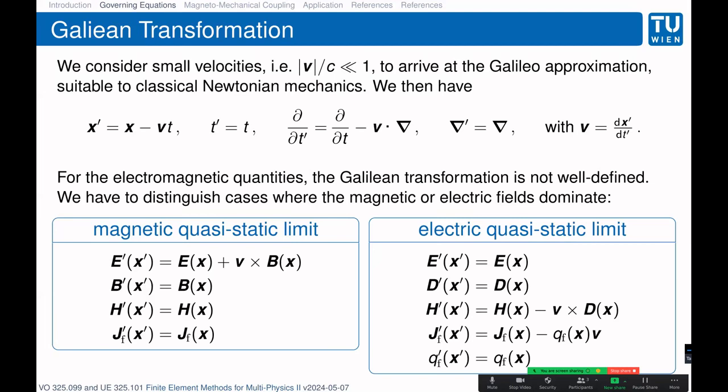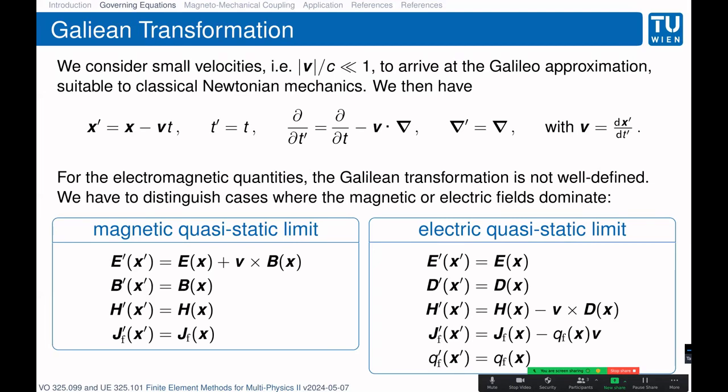So here the position transformation is the one that we are used to if we have one frame of reference that is moving and the other that is stationary. We can of course transform the positions by using the relative velocity of the frames and so forth. And here the time derivative also gets this common convective term. Okay.